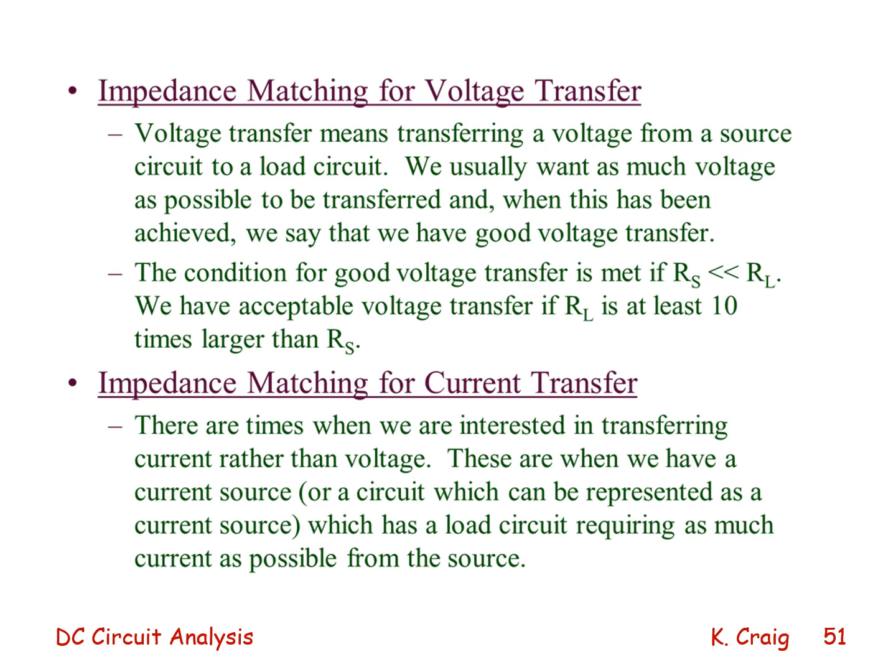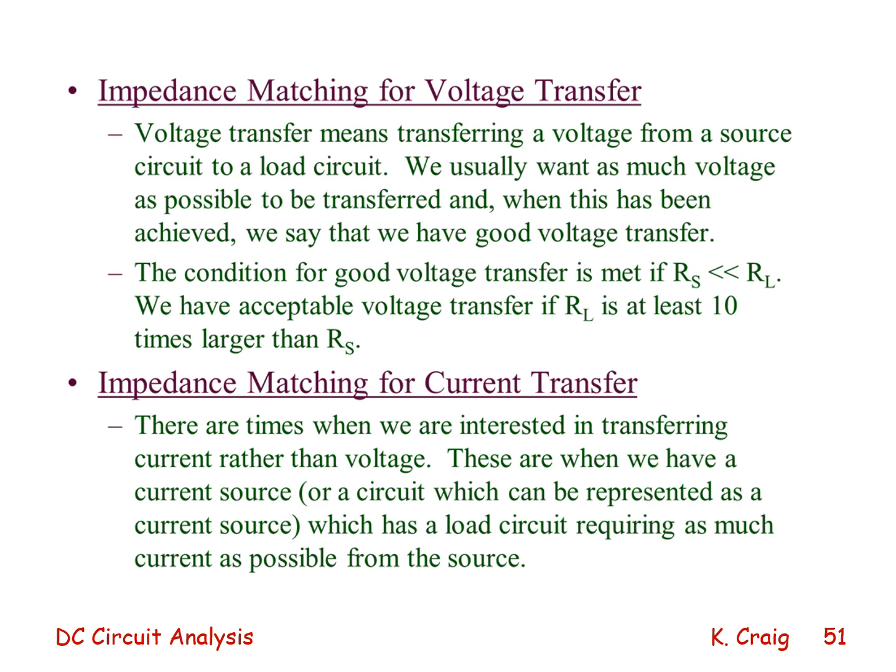The condition for good voltage transfer is met if the source resistance is much less than the load resistance, or equivalently, the source impedance is much less than the load impedance. We have acceptable voltage transfer if the load resistance is at least 10 times larger than the source resistance.